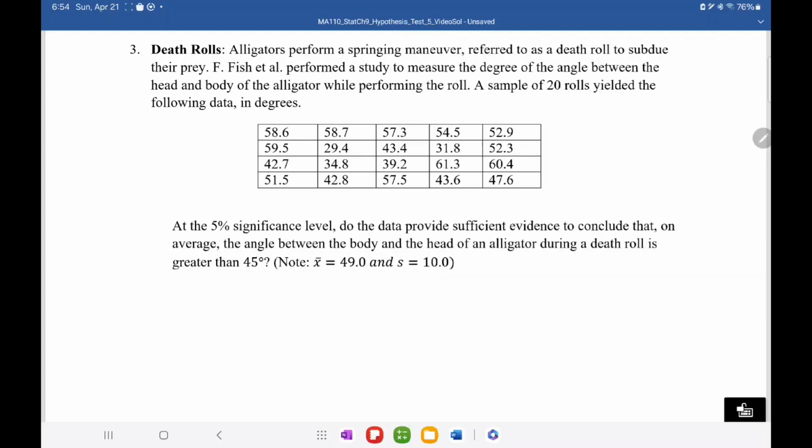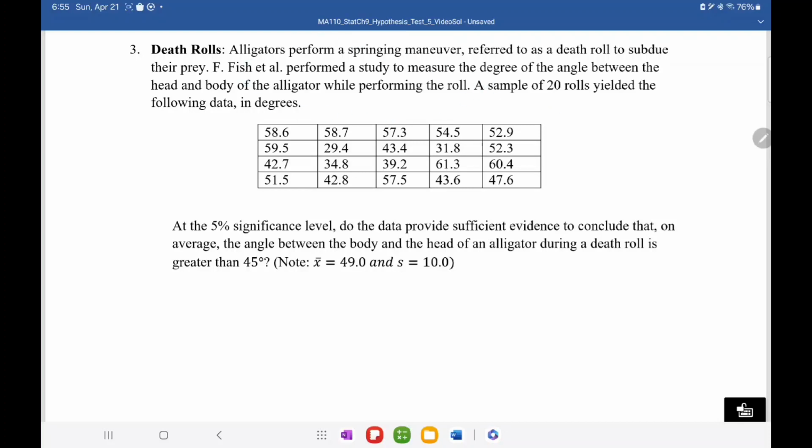But first, let's go back and understand what this word problem is about. It says that alligators, when they capture their prey, to subdue them, move their head at an angle to their body to bring the prey under control. So scientists, biologists, measured that angle and then listed them for 20 rolls.